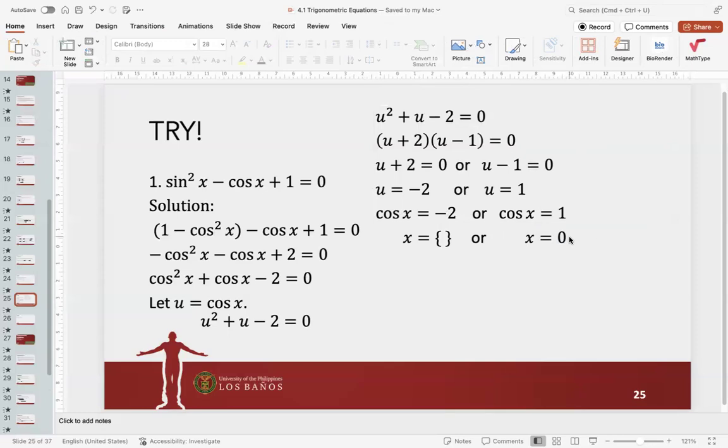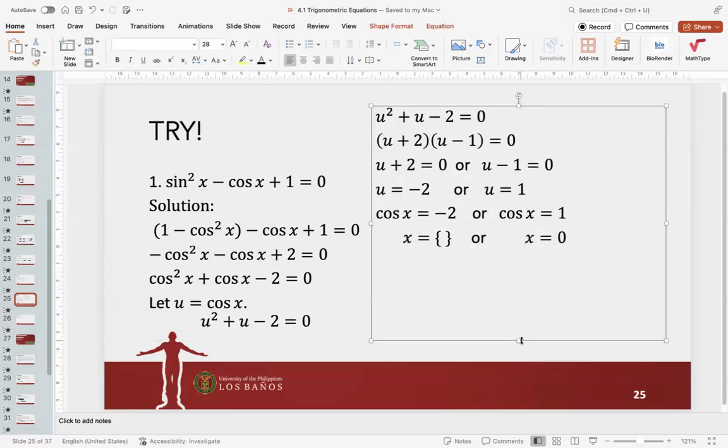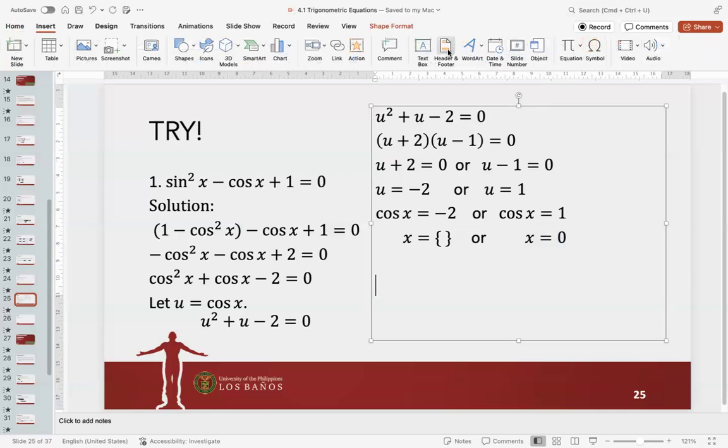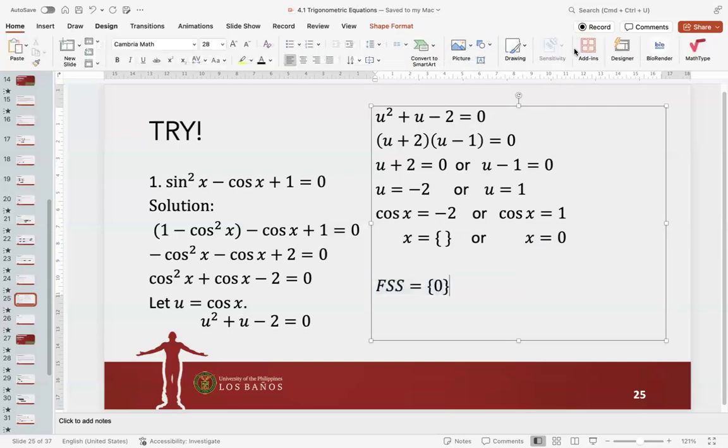All right. So it means, based here, our fundamental solution set only contains one solution, and that solution is the set containing 0. Okay.